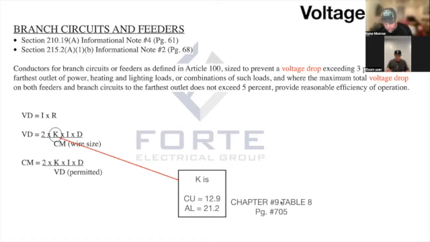Now keep going over to aluminum, ohms per KFT, on your 1,000 row, and it should be 0.0212.